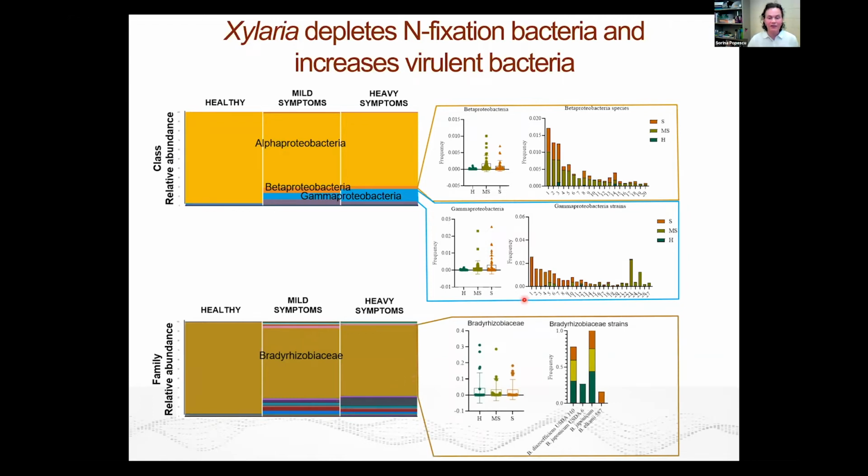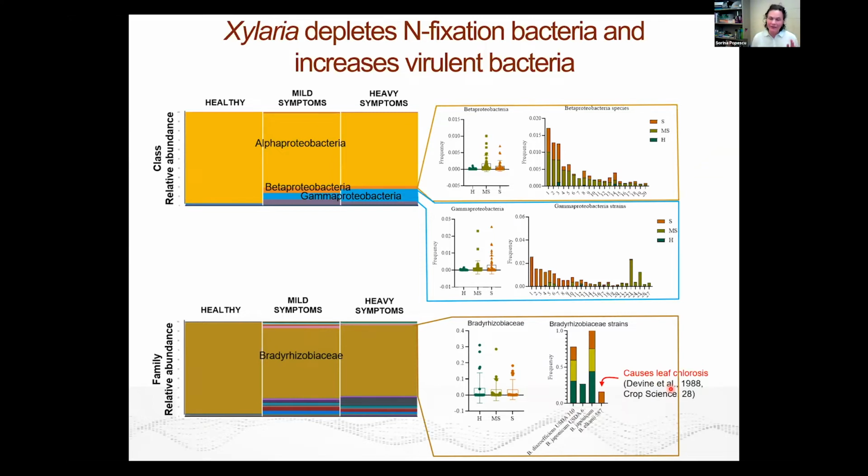Some of these Bradyrhizobiaceae strains are useful strains in nitrogen fixation, but some others, such as this elkanii strain, is a known pathogen from this family, which was shown a long time ago to cause leaf chlorosis.